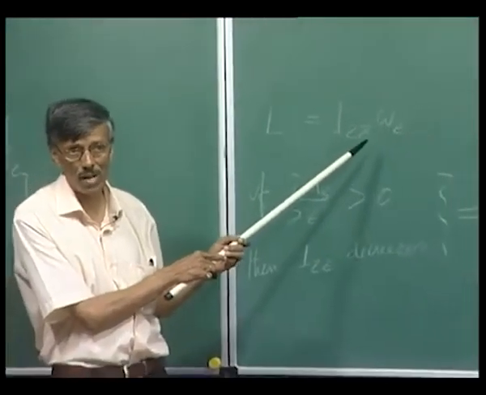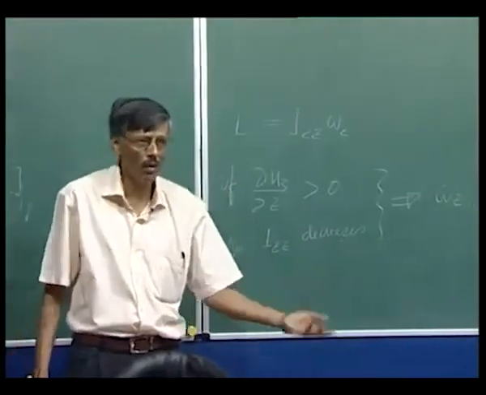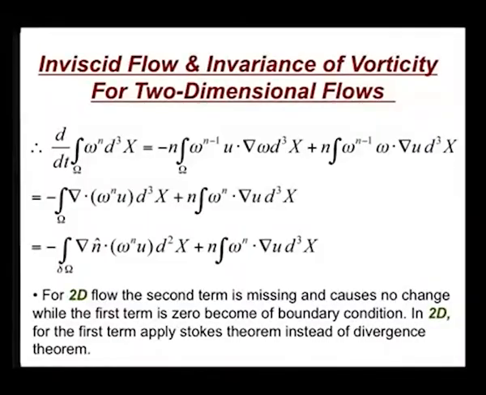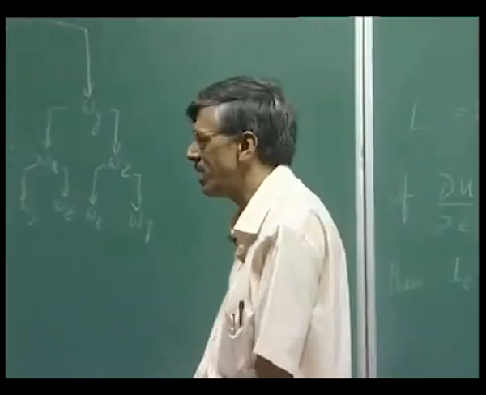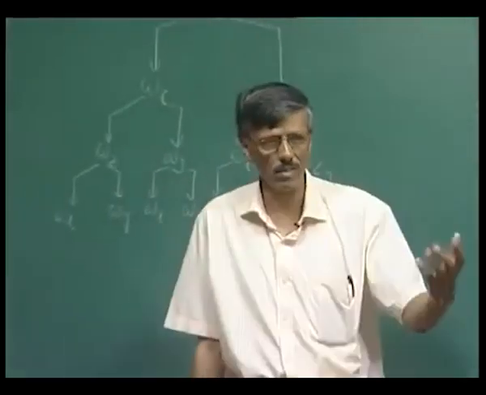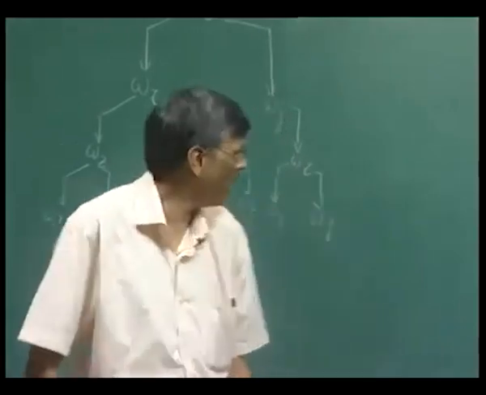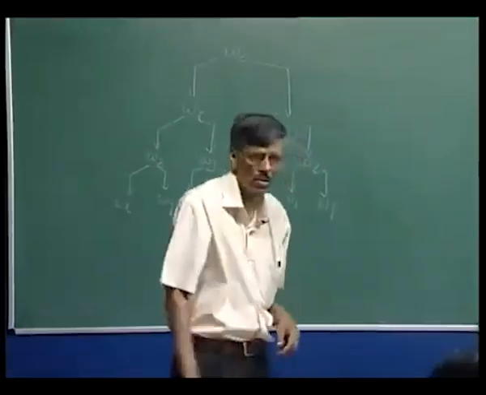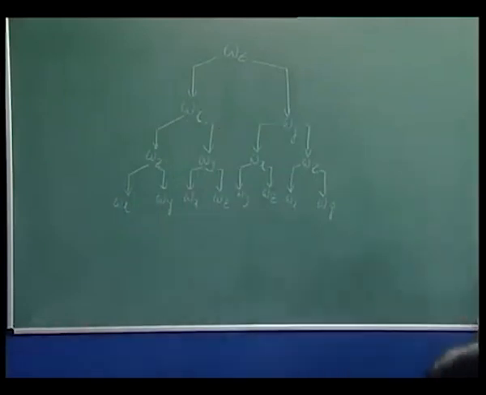That was what we were talking about. Remember that if omega z increases, then correspondingly omega x and omega y must change. If I look at some kind of norm, say entropy, that will be omega x square plus omega y square plus omega z square. So, if omega z square increases, it better be that omega x and omega y decrease, and that was the whole idea of this tree diagram that we had. So, this is the one thing that we can establish for 2D flows.